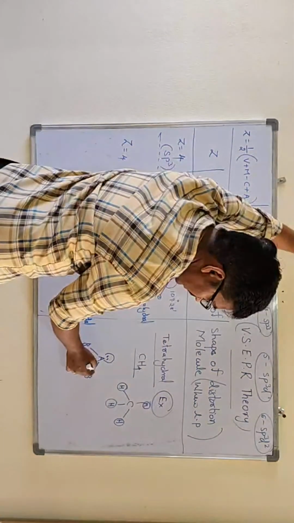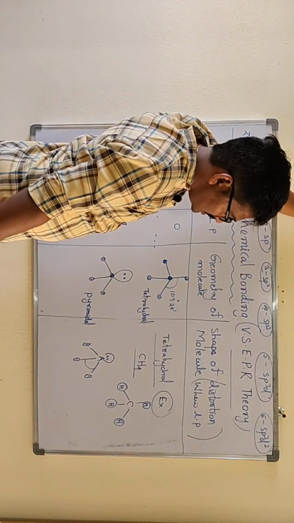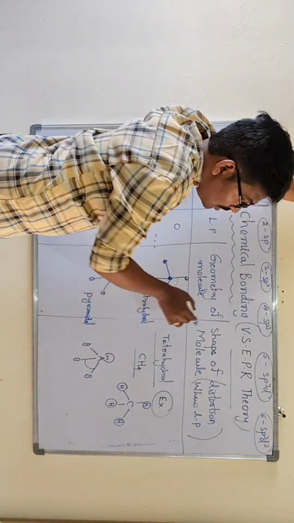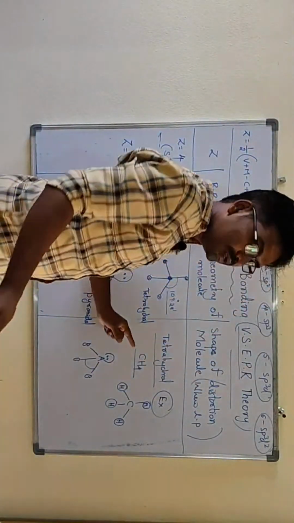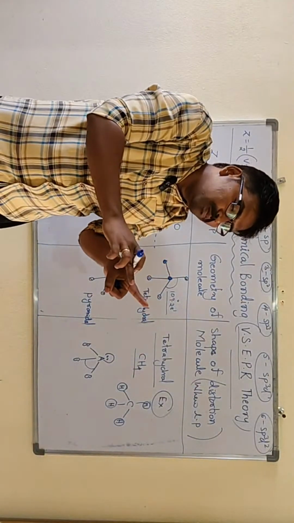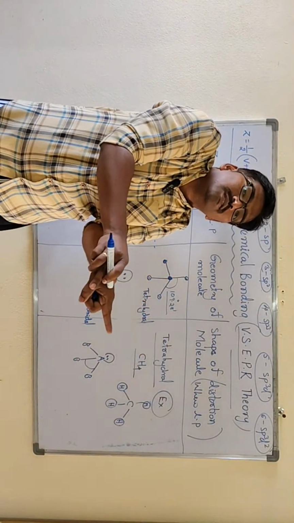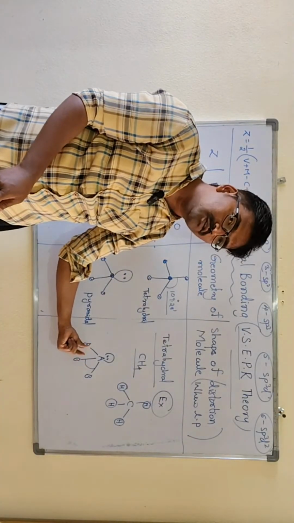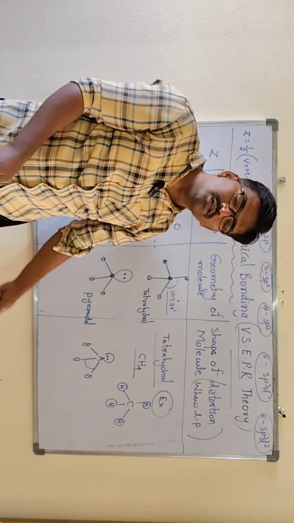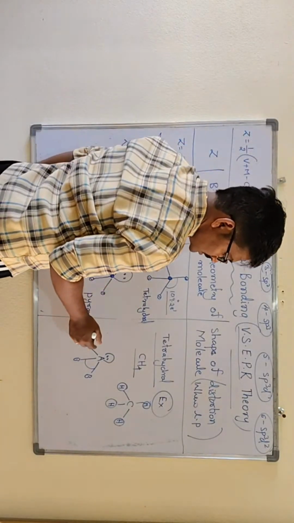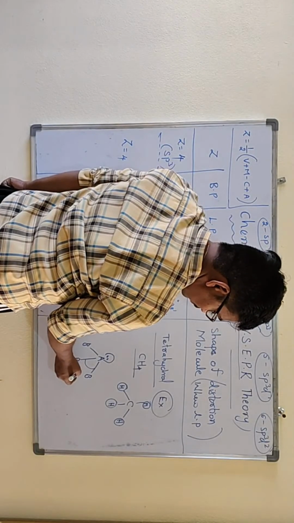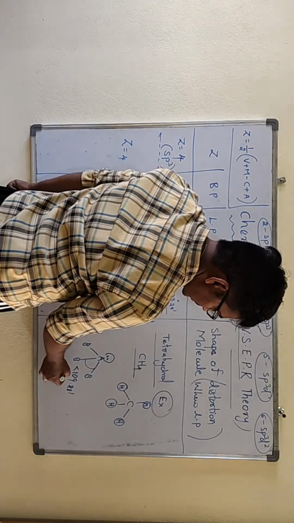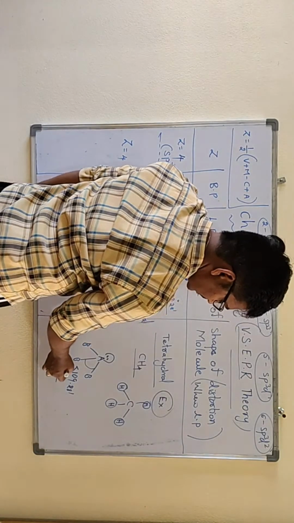The bond angle in this case, with the same geometry, would be 109.28 minutes. But according to valence shell electron pair repulsion theory, repulsions take place between the lone pair and bond pair, so the bond angle between the two bonds decreases to less than 109.28 minutes, nearly 107 degrees.